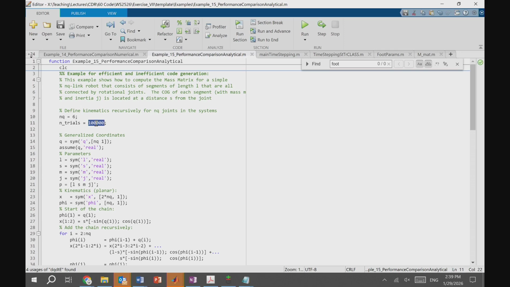So in robotics, we often think of doing these things hundreds or 1,000 times a second, because there's a control loop which typically runs somewhere between 1 and 10 milliseconds. So this is actually not very unrealistic, right?